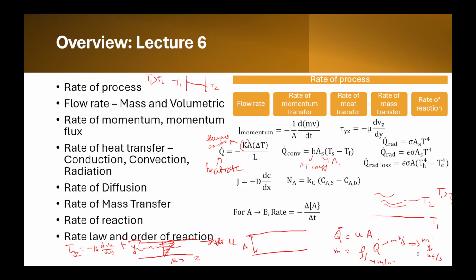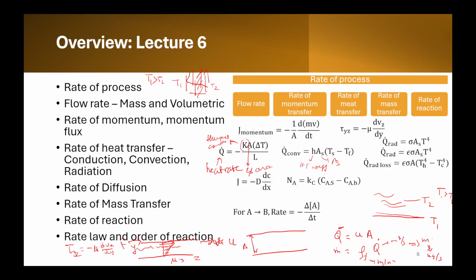Mind you, this is the surface area. The area for heat transfer here is the surface area, while the area for heat transfer in conduction is the cross sectional area, because this will be a 3D object. And this is the temperature difference between the surface and the fluid.